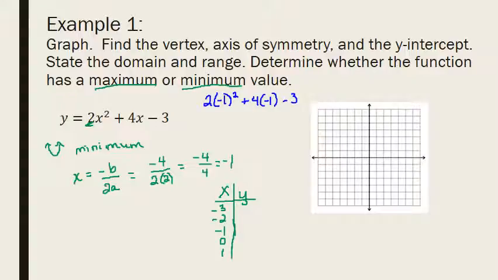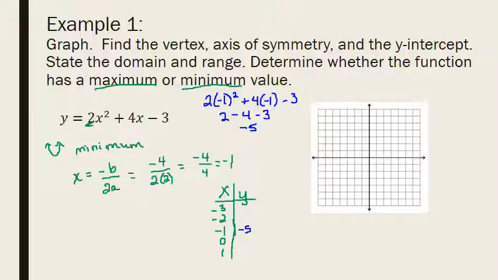Well, negative 1 squared is 1. 1 times 2 is 2. 4 times negative 1 is negative 4. And then minus 3. So I've got 2 minus 4. That is negative 2. Negative 2 minus 3 gives us negative 5. So whenever I plug in negative 1, I get negative 5.